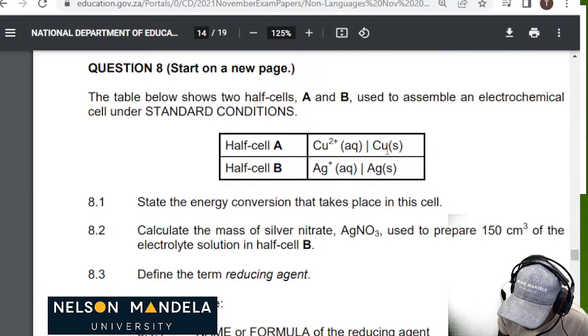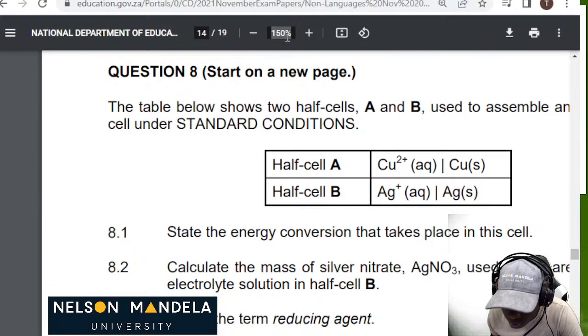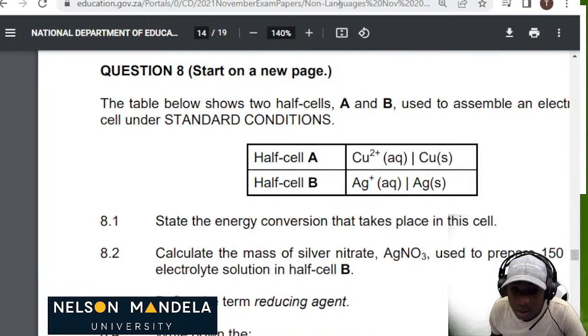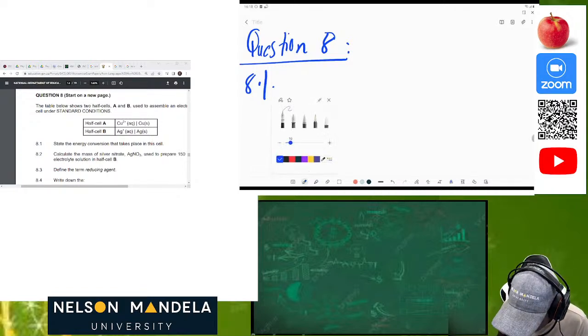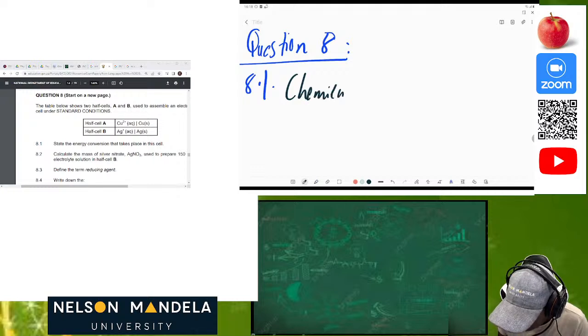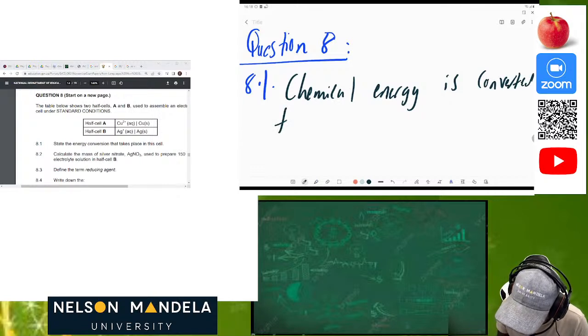So our answer on 8.1: since we know that it's a galvanic cell, this means chemical energy is converted to electrical energy.